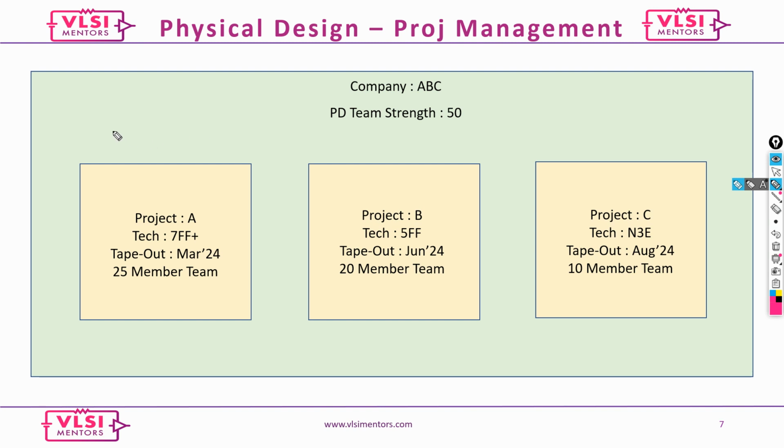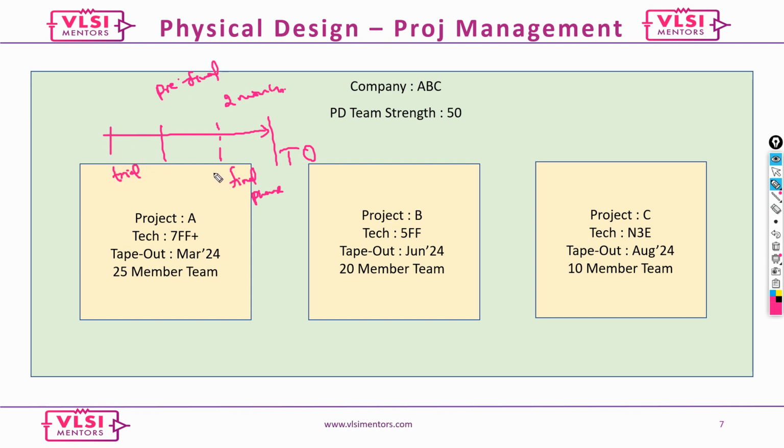When we say physical design implementation, say this is your tape out date. Till here, say we have 2 months before. So this is going to be the final phase. Then say this is going to be the pre-final. And this is maybe a kind of trial phase.